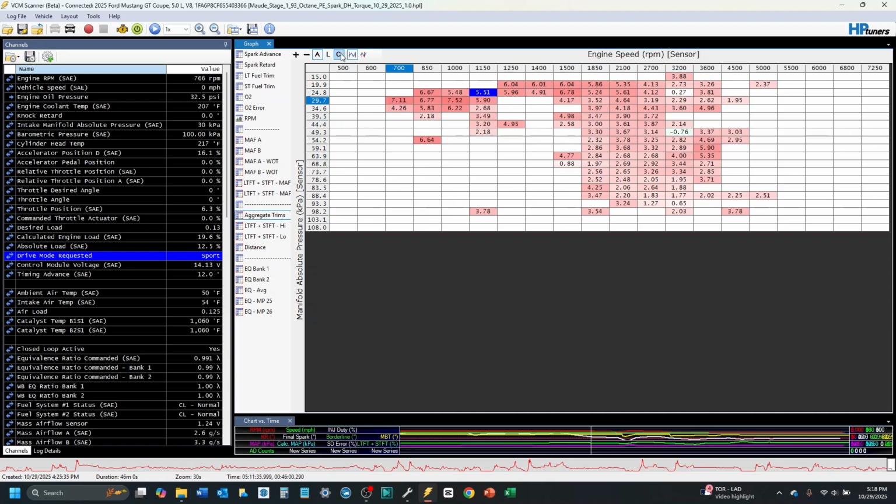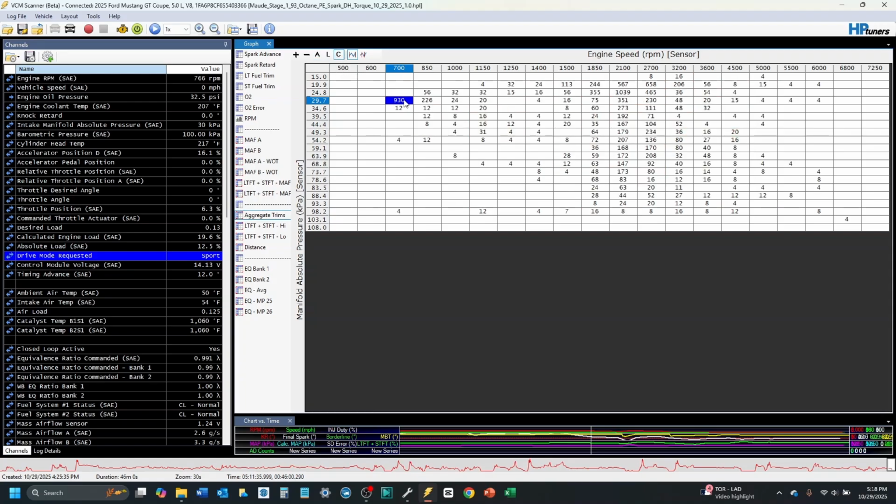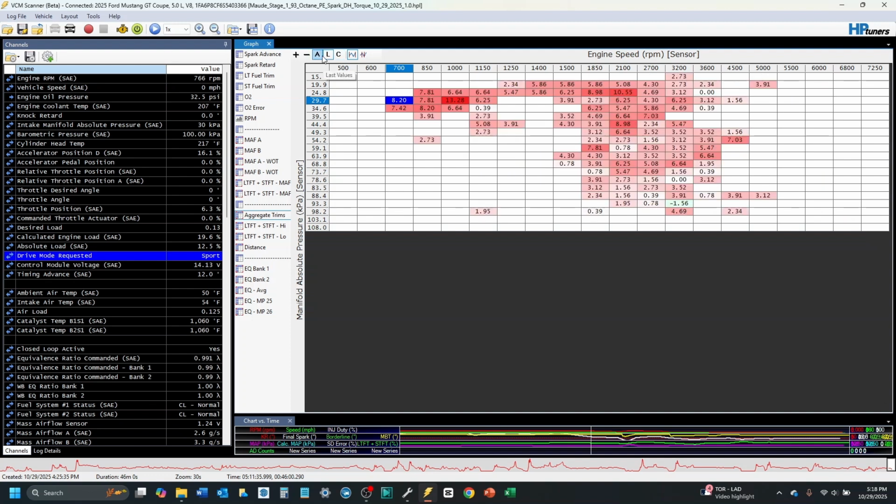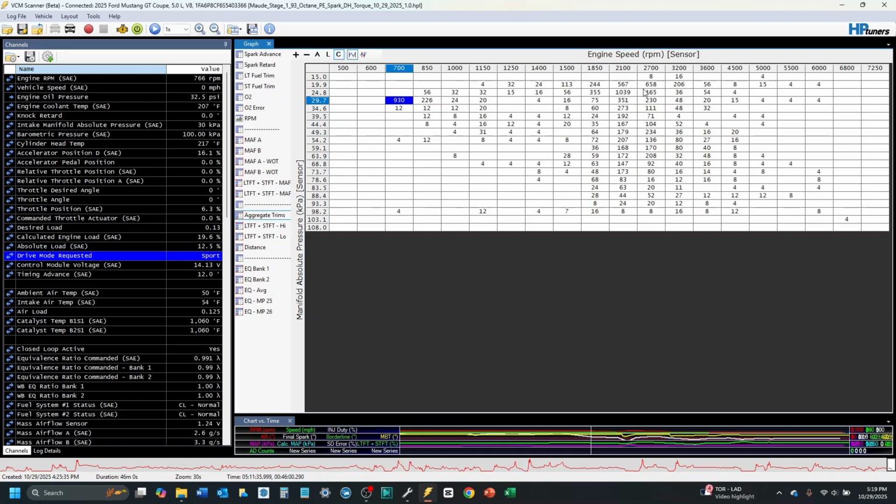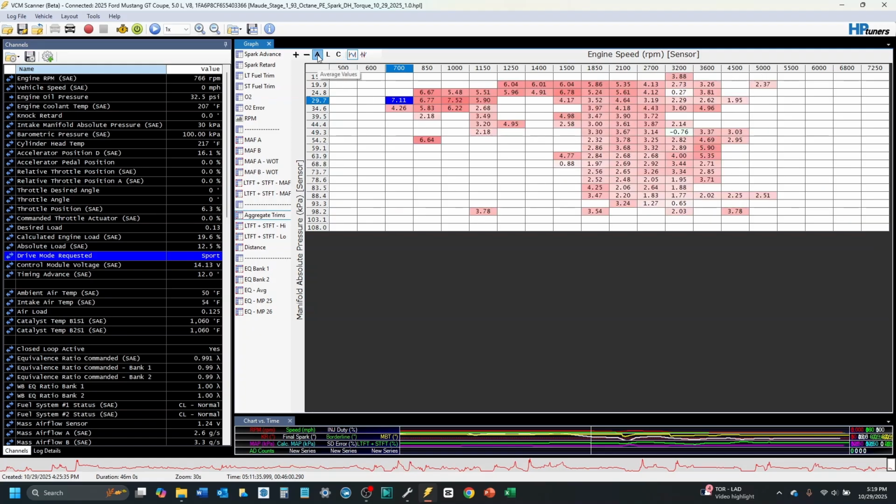But clearly here, 930 counts of data, this idle state is lean. So I know now that I want to come in and touch that. Other areas, this is where the bulk of my data is, 1039. So we're going to have to touch on that stuff.